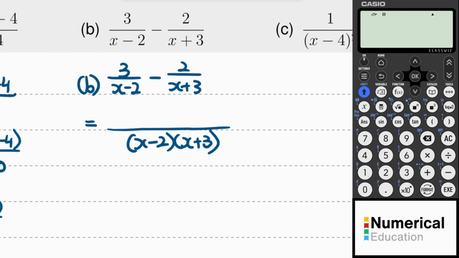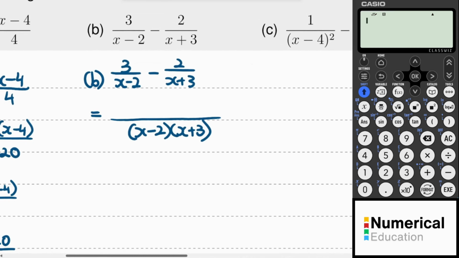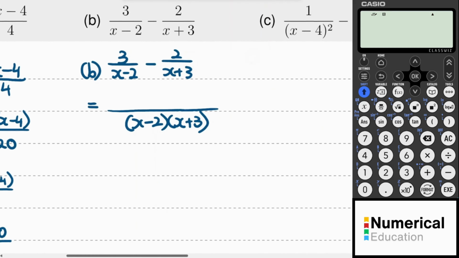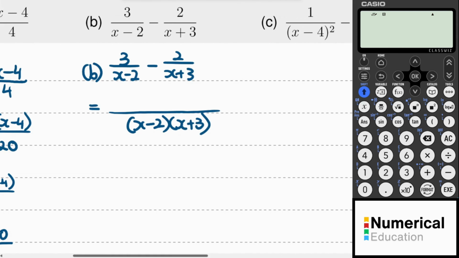All right. However, this is where you have to be a little bit careful. You have to change the numerators. The numerators will change accordingly because you've changed the denominators. What I mean by that is that originally my denominator was x minus 2, but I've turned it into (x minus 2)(x plus 3). So what did I do to the x minus 2 to give me this new denominator? I multiplied by an additional x plus 3.